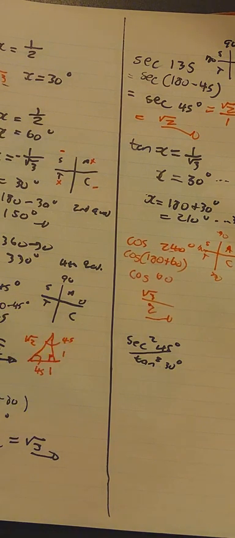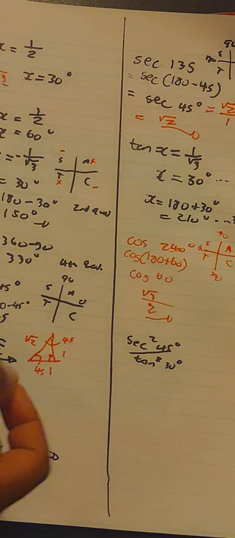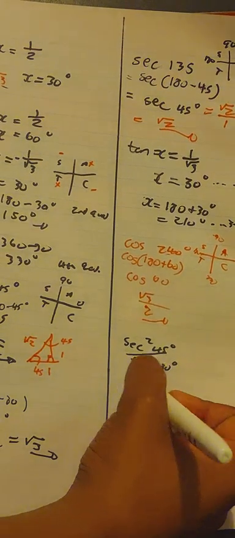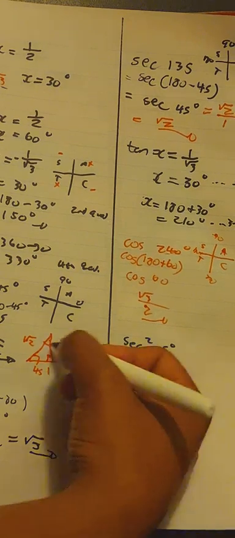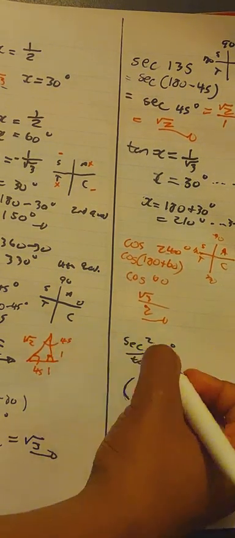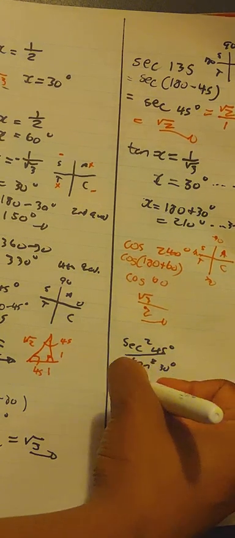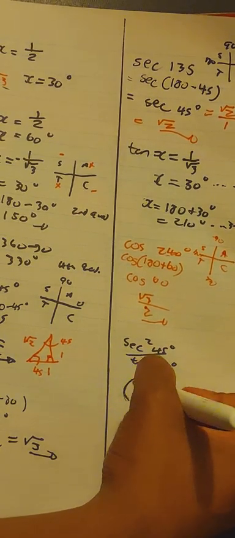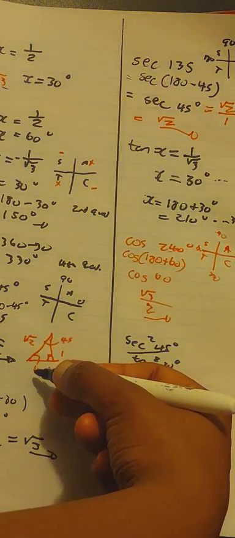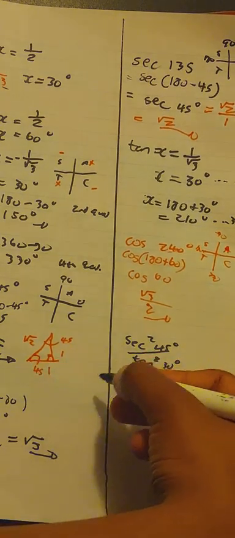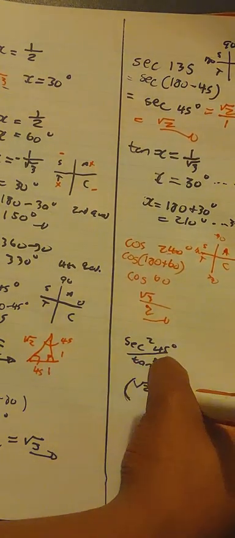Here is the triangle of 45, and on the triangle 45, what is sec? Sec is hypotenuse over adjacent. Hypotenuse, which is square root of 2, over adjacent, which is 1.